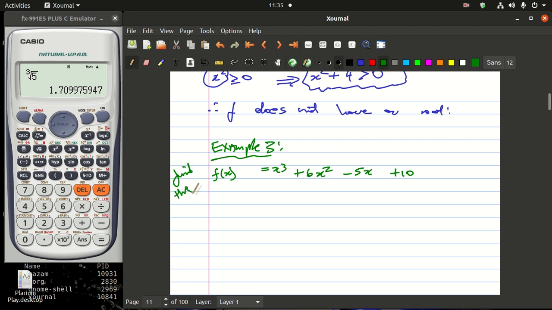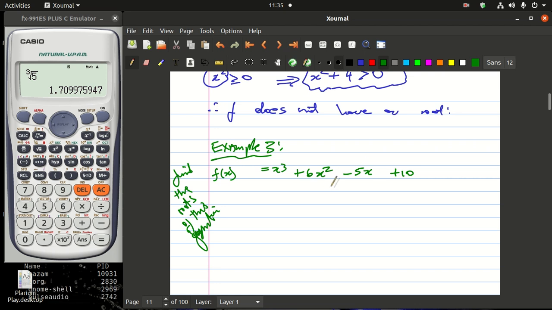Find the roots of this function, or find the solution when we set it equal to 0, or we can say we want the zeros of this particular function.